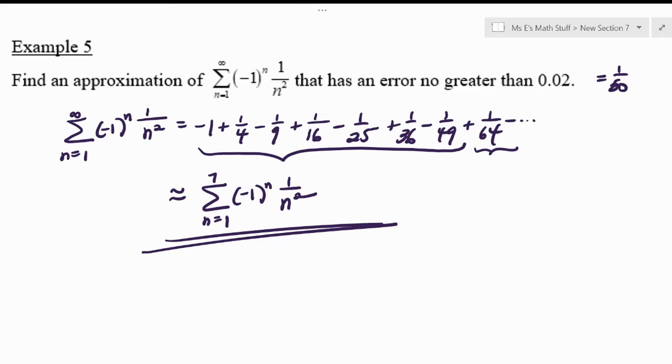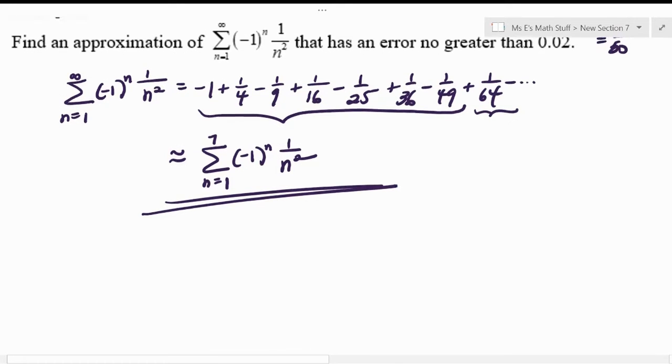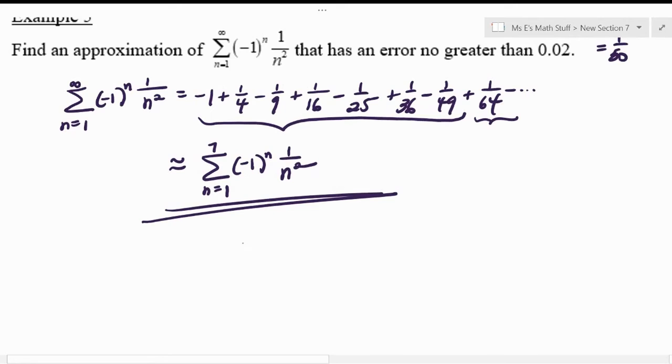Now let's talk about how sometimes you might have a problem where expanding it out is actually not ideal, in which case you might need to use some algebra to figure it out. So let's show. Usually if in doubt, expand it out works, but let's say expanding it out is not making it obvious. What you could do is take the absolute value of the way the terms are defined, which would be 1/n squared.